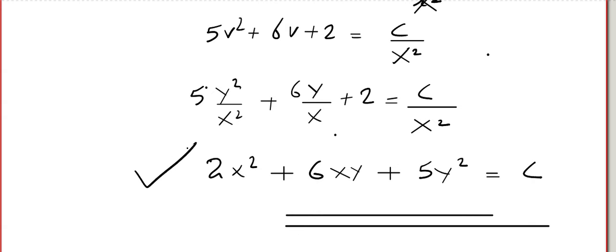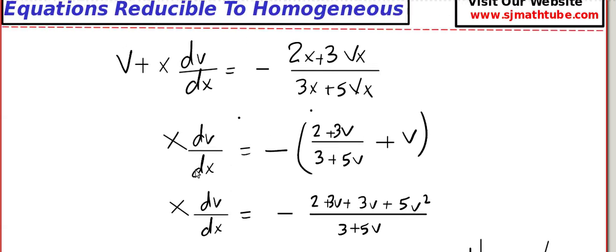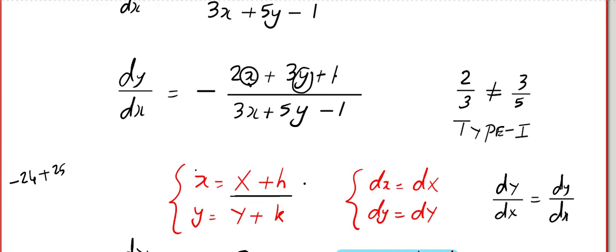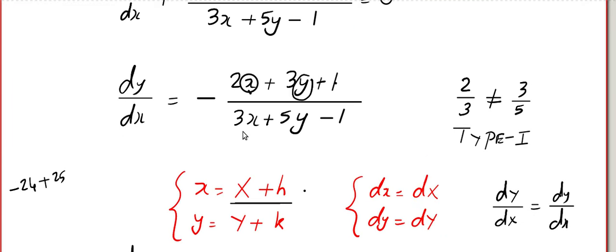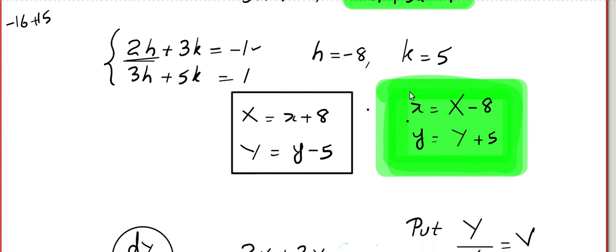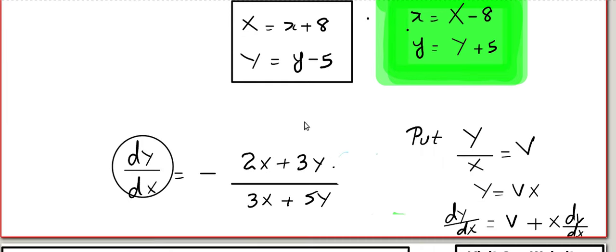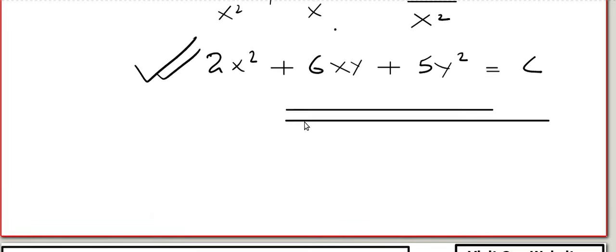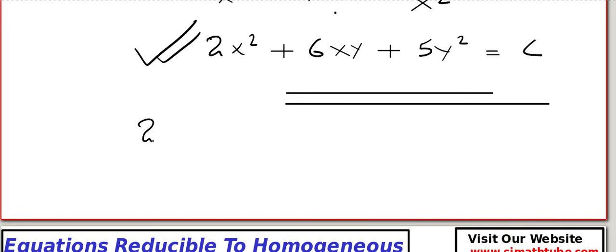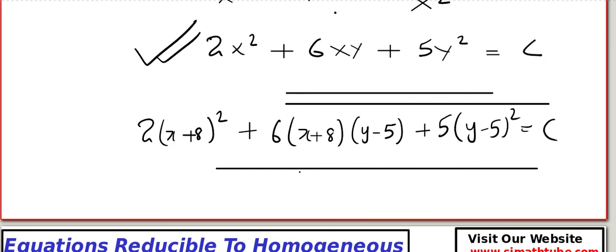Now we cannot call this the answer because I told you we have to always convert it into small x and small y, and that is very easy. We have written what to do here: x plus 8, y minus 5. So our answer will be, okay, you can expand and simplify.